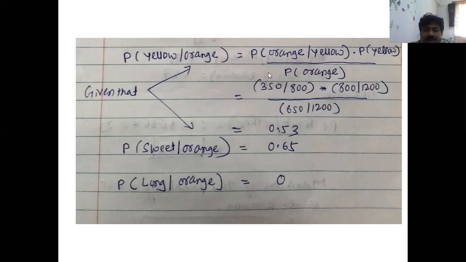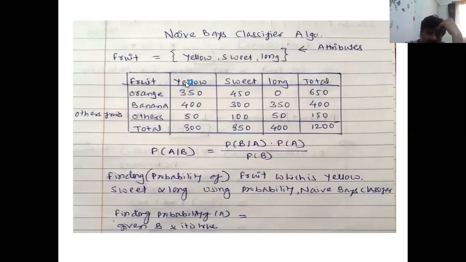So the computation, that is orange by yellow. Total 350 yellow oranges are there out of total 800 yellow fruits. You see here that total yellow oranges are 350, out of total yellow fruits 800, right?